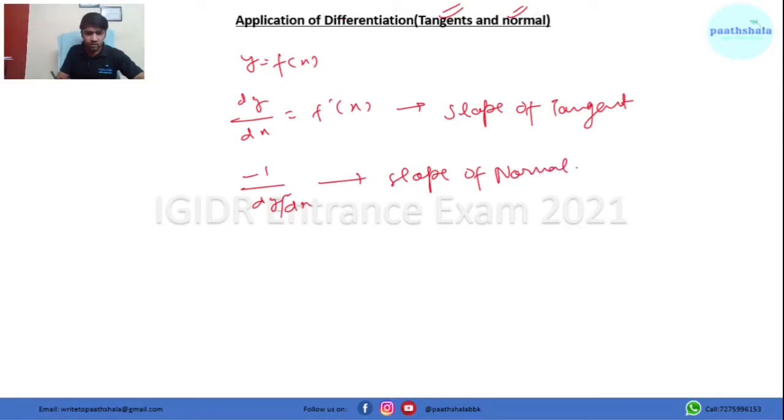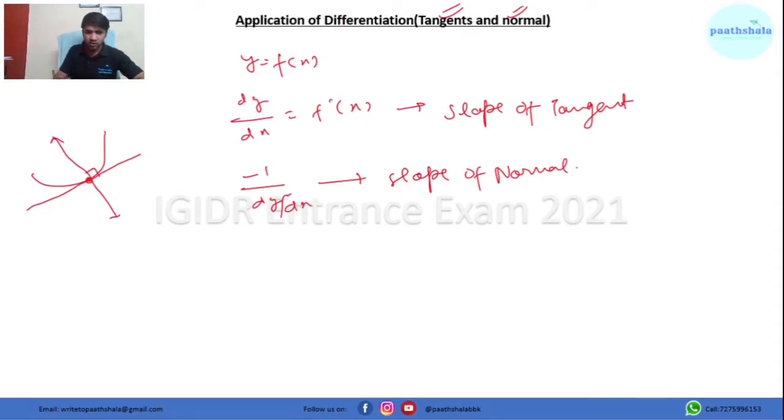Now, what is normal and what is tangent? Let's say we have a curve, y equals f(x). Tangent is any line that is touching the curve at one point or intersecting the curve at one point, and normal is the perpendicular line on the tangent.